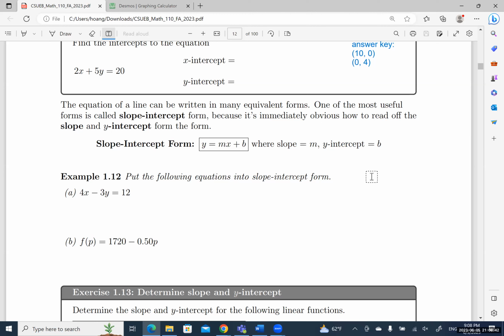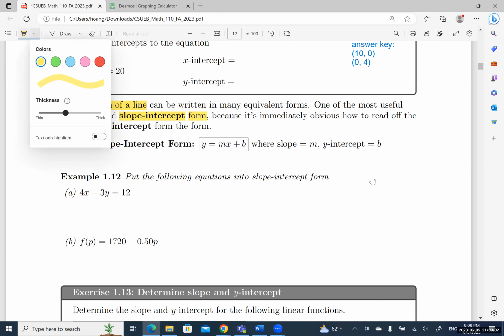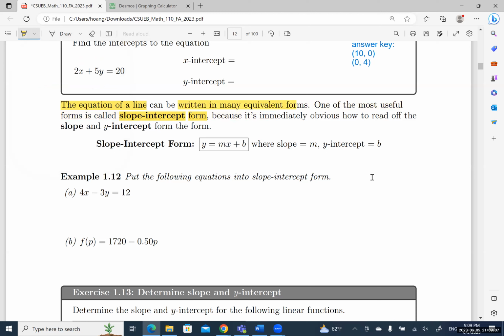So from now we're gonna go ahead and learn about a form of the equations of the line, with the form name slope intercept form. Keep in mind that it can be written in many equivalent forms. Okay. Let me outline it.